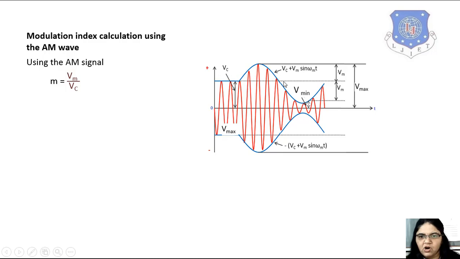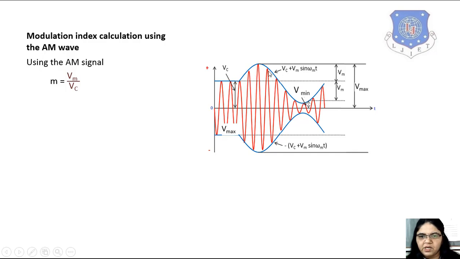This is a replica of the modulating signal, having the amplitude above the ground line Vm, and below the ground line Vm. This maximum is the V maximum amplitude. Now here you can see that this amplitude is the V minimum amplitude.